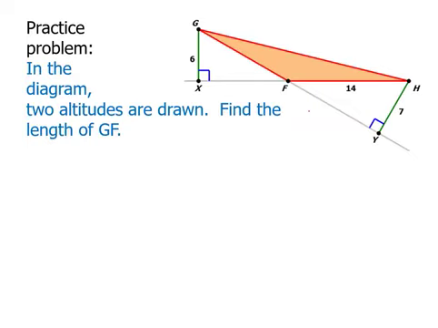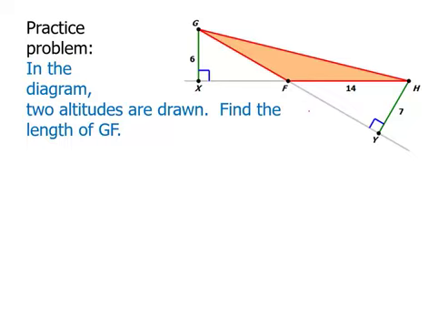Here's a practice problem. Pause the video and then we'll talk about this. Okay. In the diagram, two altitudes are drawn. Find the length of GF. So this is very interesting. We've extended line FH and then drawn altitude GX to it.